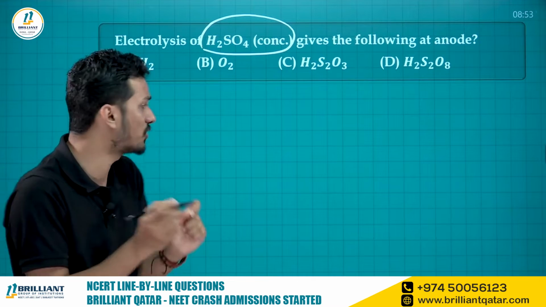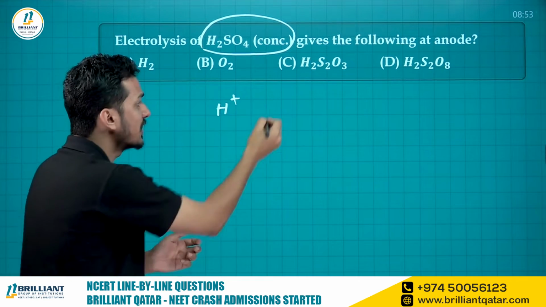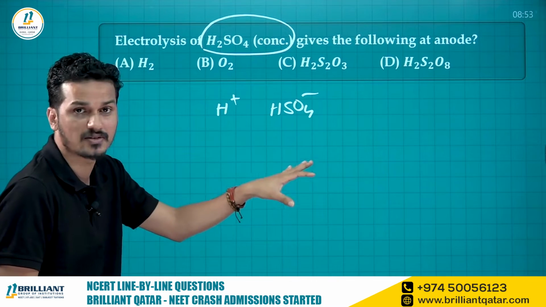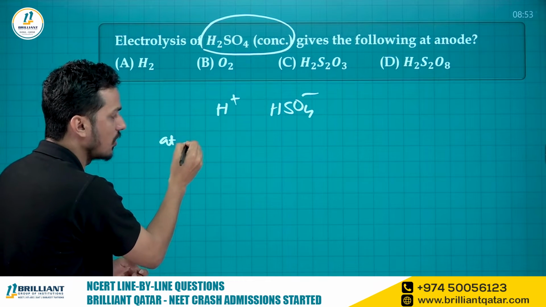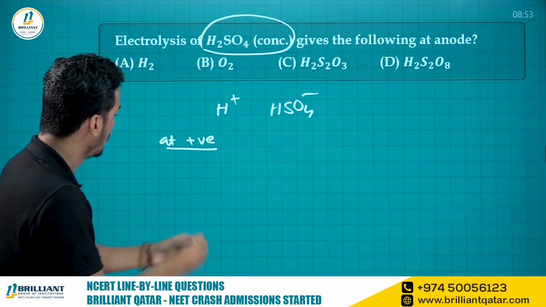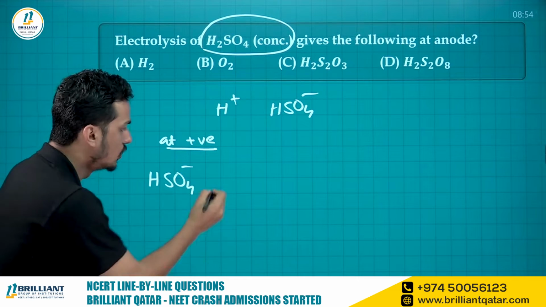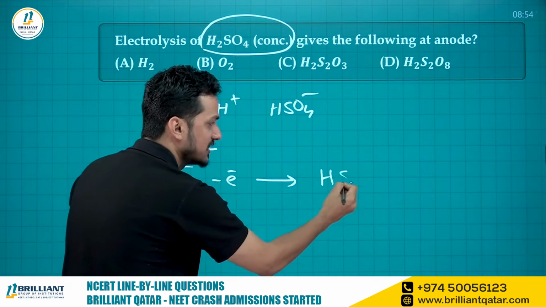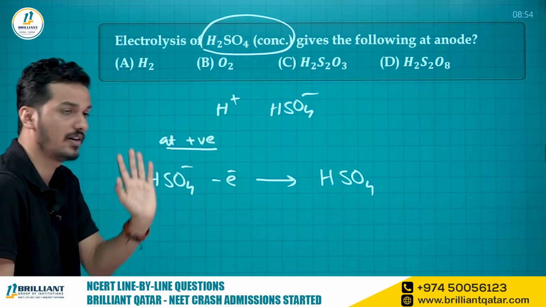Concentrated H2SO4 contains H+ as well as HSO4-. Towards the positive electrode, this HSO4- will move. That will lose 1 electron and become HSO4 at the positive electrode.